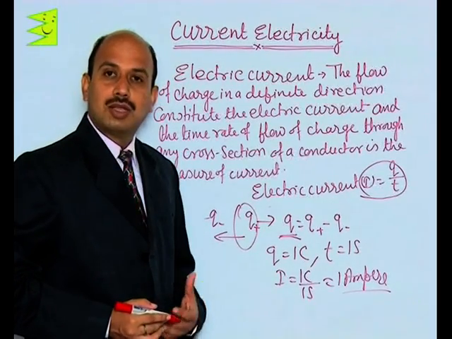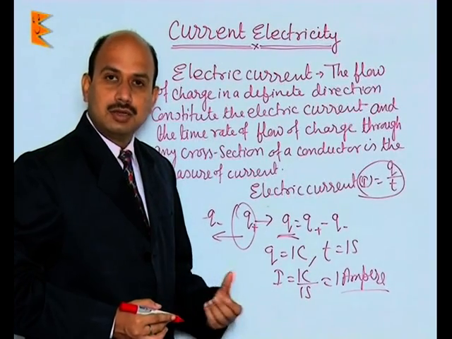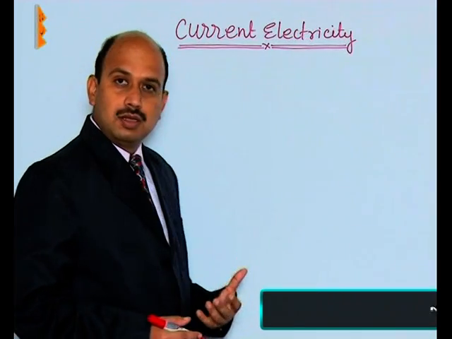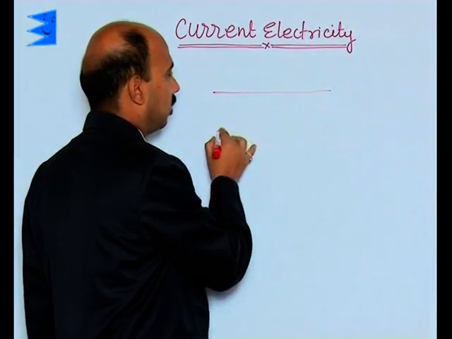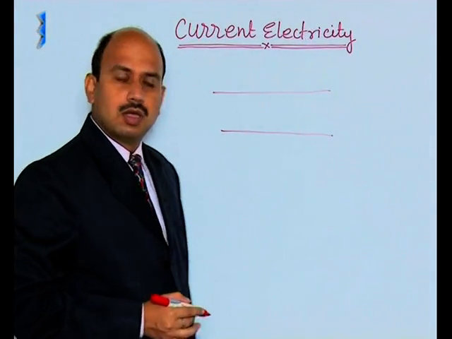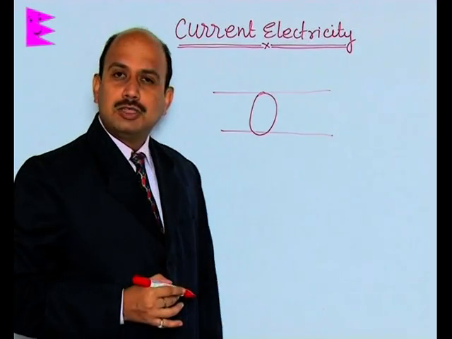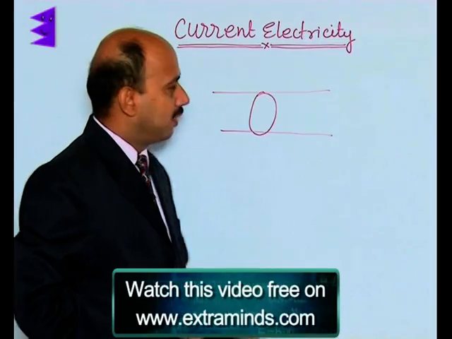Suppose the current is not steady, then how will we define the current flowing through the conductor? If the current is not steady, then the definition of the current is given like this. Suppose this is a cross section of a conductor, and imagine an area which is perpendicular to the flow of the current, normal to the direction of the flow of current.